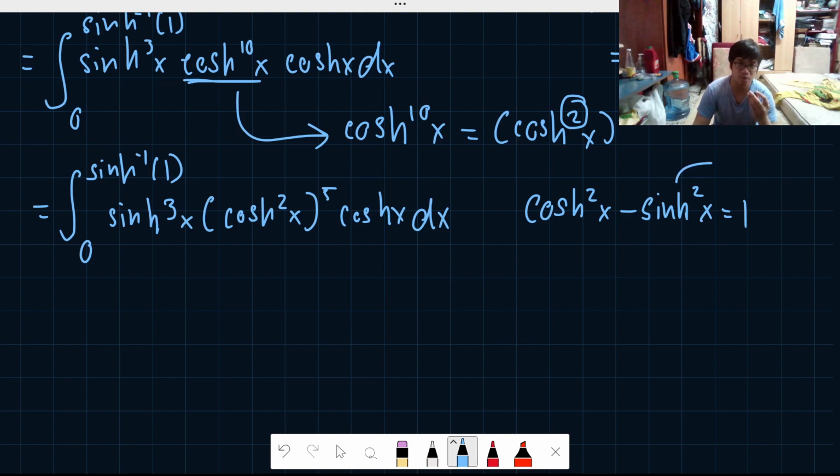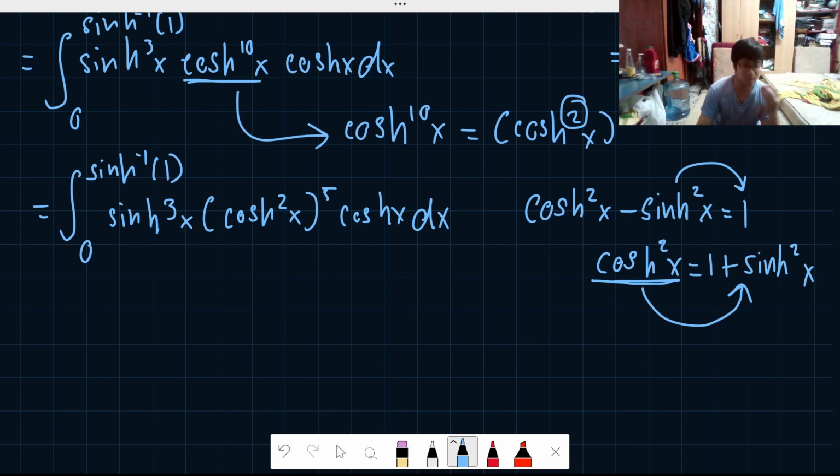What we're going to do is transpose this to the right, and we will have the square of hyperbolic cosine of x as 1 plus the square of hyperbolic sine of x. All right? So in other words, we can simply interchange the square of hyperbolic cosine into 1 plus the square of hyperbolic sine of x. So that's what we're going to do.